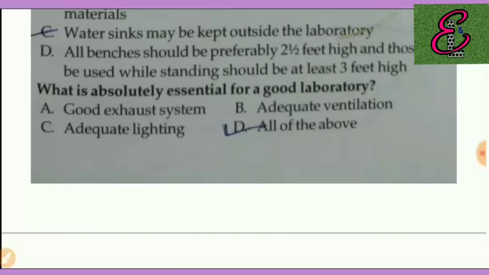The answer is good exhaust system, adequate ventilation, adequate lighting. These three points are essential for a good laboratory.